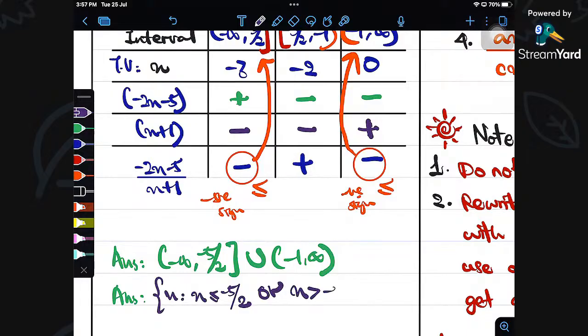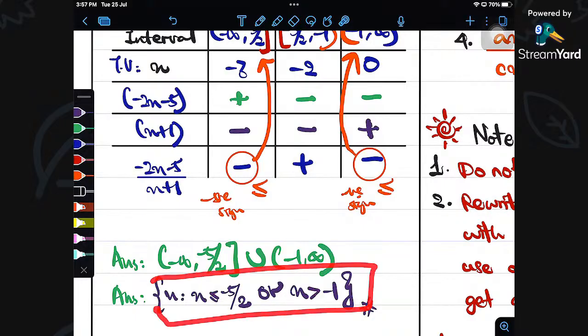X is more than -1. So be careful ya, be careful, be extremely careful. Sini open, therefore it's tak ada equal lah. This is closed, therefore ada equal. So be very careful at your final answer.